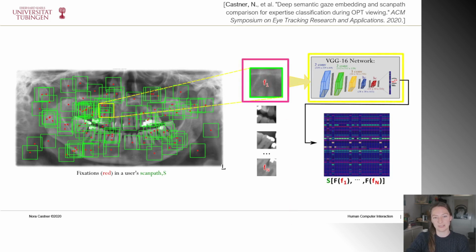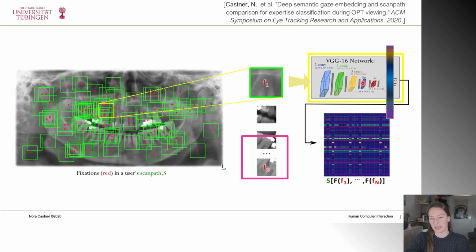We maintain the temporal order, and we run each image patch through the VGG16 network. And a feature vector is then extracted from this network, and we can use these feature vectors to build a matrix that is the sequence of the scan paths. So similar to a string of characters, we now have a string of feature vectors.